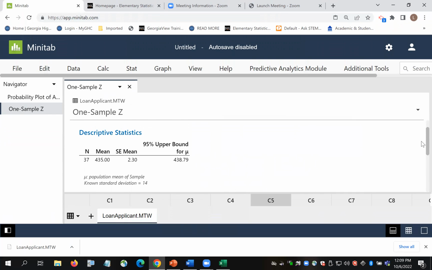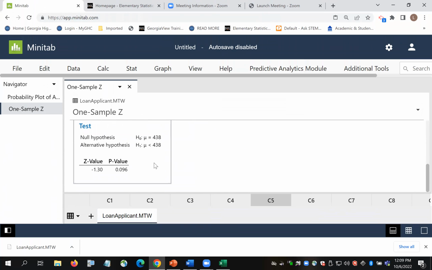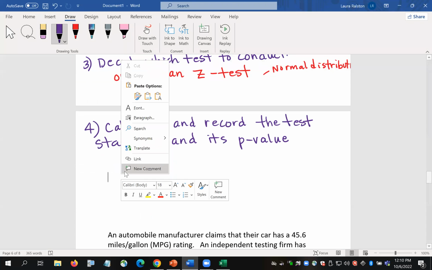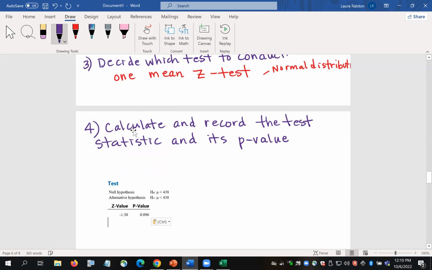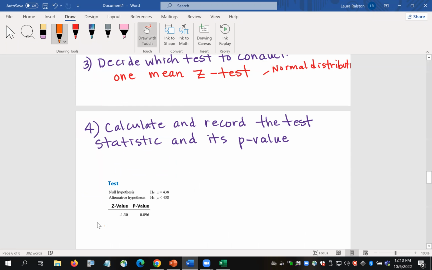Okay, they give you some descriptive statistics, but then I also scroll down and it gives me the test. Okay, so I need the piece that's got the header for test, because under that header it gives me my Z value. Okay, so here is my test statistic.